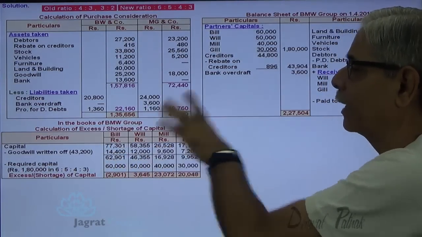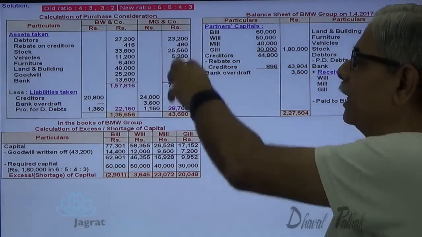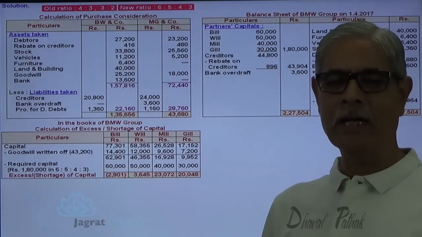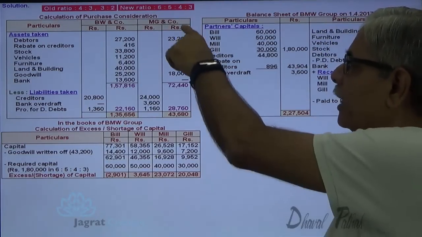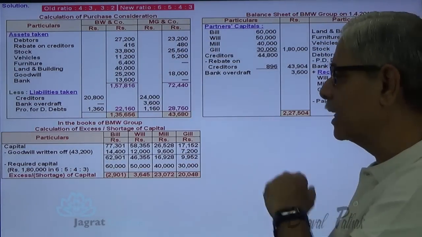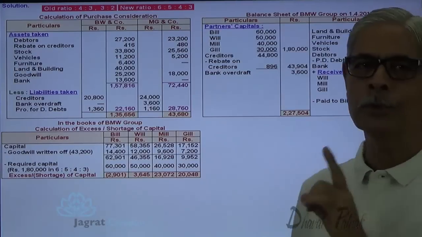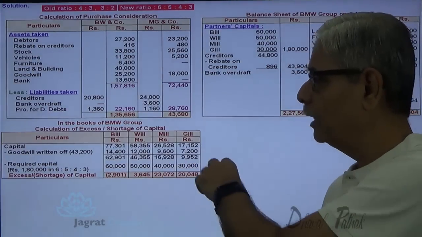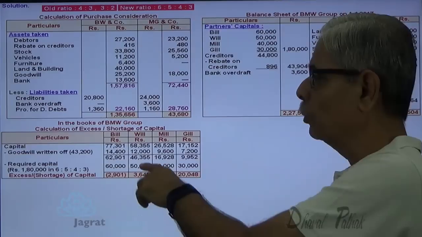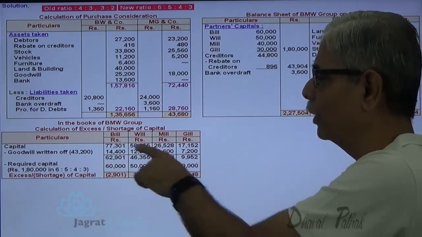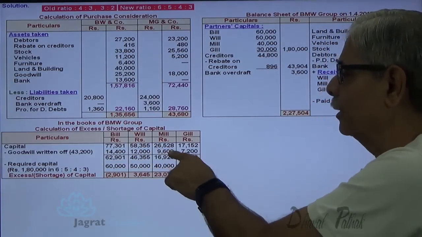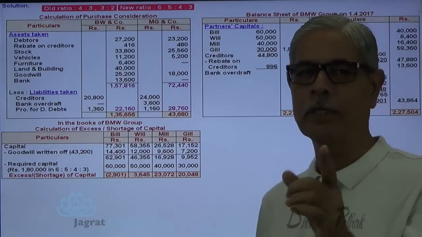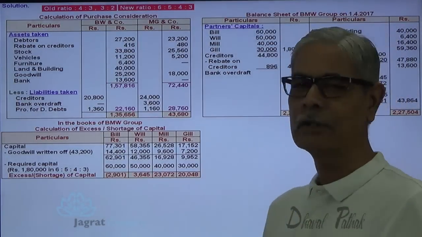Similarly, for the purchase of MG and Company, debit all assets, credit all these liabilities and credit this capital account. Then write the entry to write off the goodwill in the new firm. So Bill, Will, Mill and Gill accounts debit 14,400, 12,000, 9,600 and 7,200 to goodwill account credit 43,200.